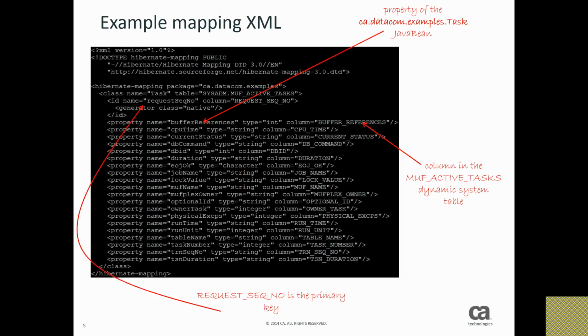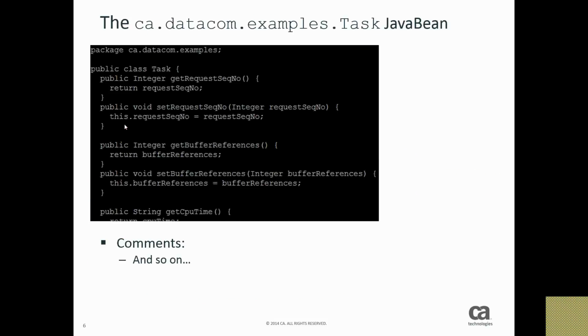We have to give Hibernate something to use as sort of a primary key, roughly speaking, and we're using request sequence number for that purpose. So it gets this ID element in the XML instead of the property element. The Java bean is completely boring. It has the properties that we just saw listed before with the accessors and setters.